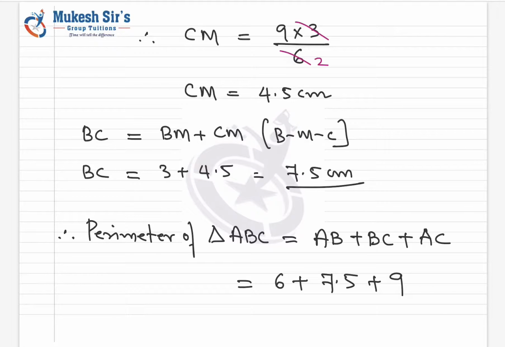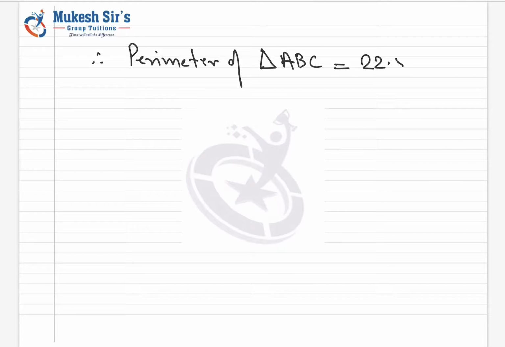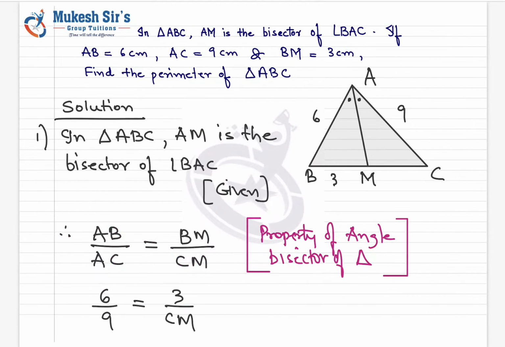So add up all the three values. You get 6 plus 9, 15. 15 plus 7.5. That will become 22.5. So therefore perimeter of the triangle is equal to 22.5 centimeters. Clear? So in this sum we have used the property of angle bisector.